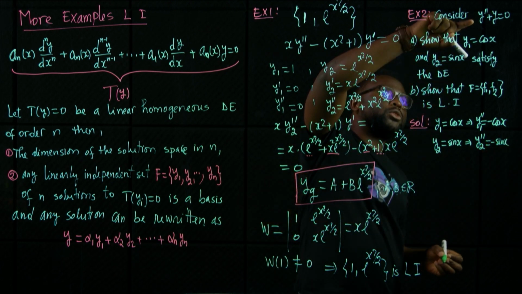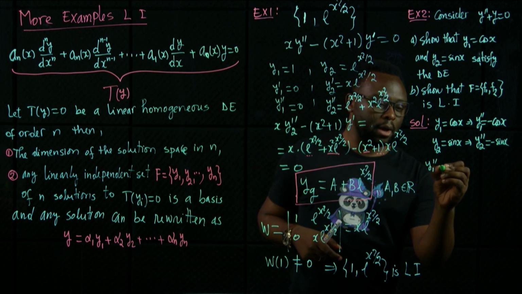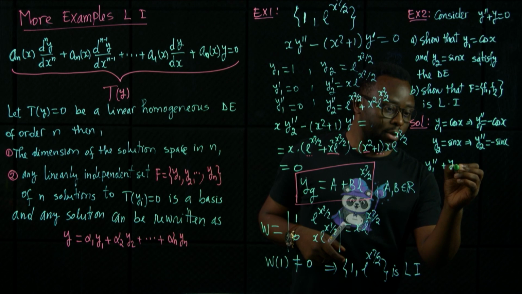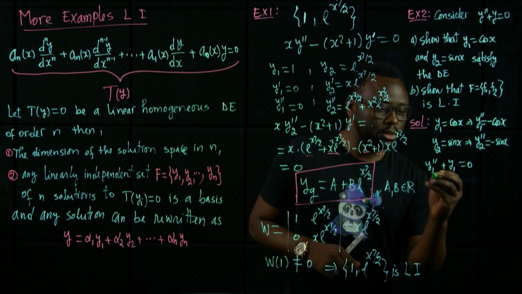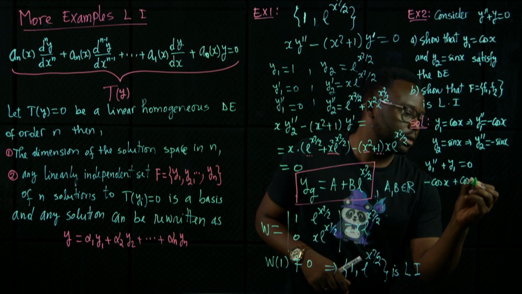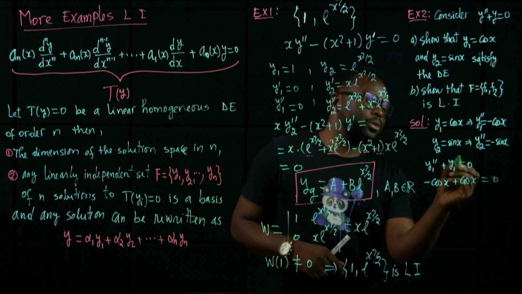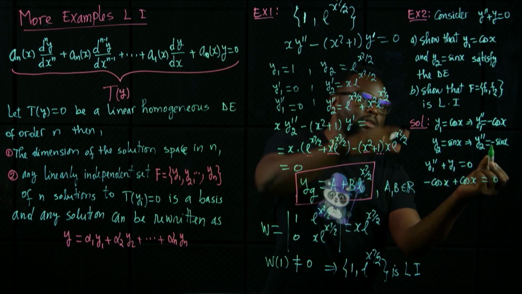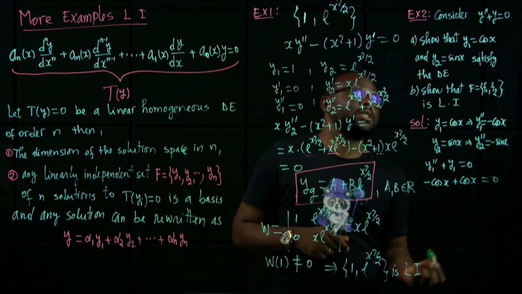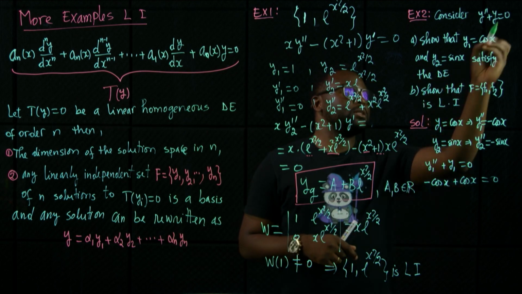Then if you substitute in this equation, you have y1 double prime plus y1 equal to 0. This is minus cos x plus cos x equal to 0. We do the same for y2. You substitute, you have minus sine plus sine equal to 0. Conclusion: y1 and y2 satisfy the differential equation given by this.